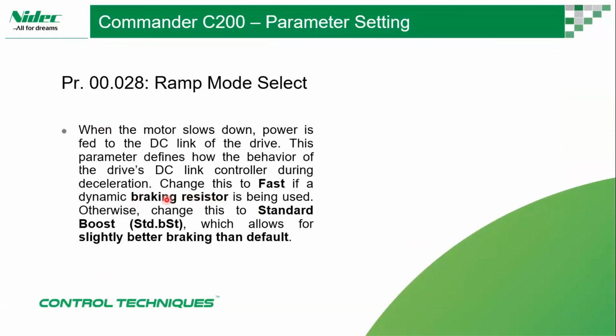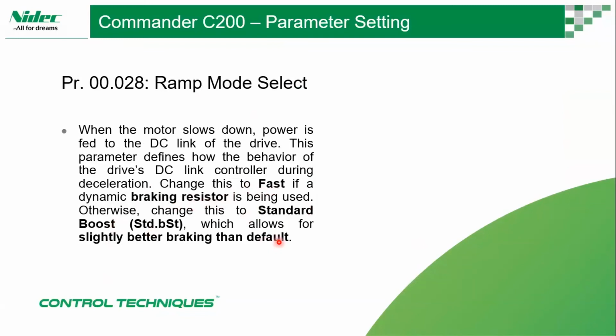For some types of fan, yes, we use the braking resistor, but in most cases we are not using it. So if in our application we are using it, then we need to change it to fast, and we use the braking resistor. If we are not using the braking resistor, we use standard boost. Why? Because it's slightly better braking than the default. The default is standard.